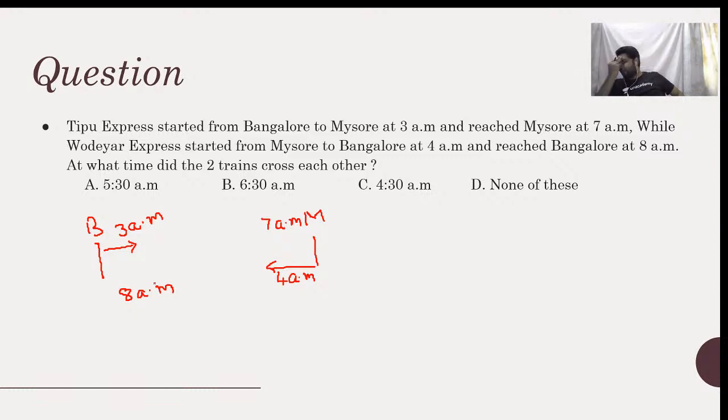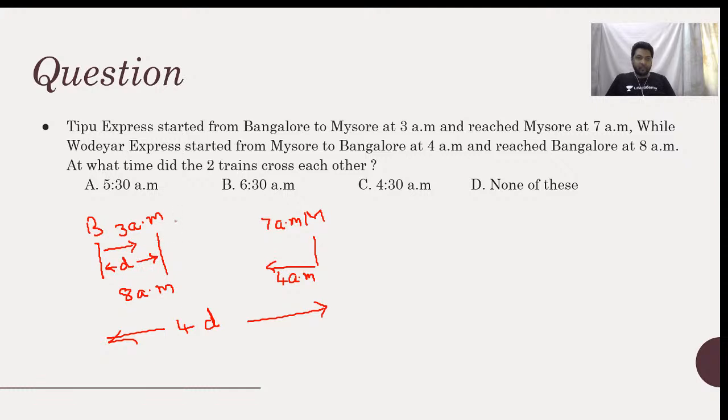If they are traveling at an equal speed, see, starting at 3 a.m., where will it be at 4 a.m.? Let me consider this entire distance as 4d kilometers in 4 hours. So in 1 hour, d kilometers is gone.